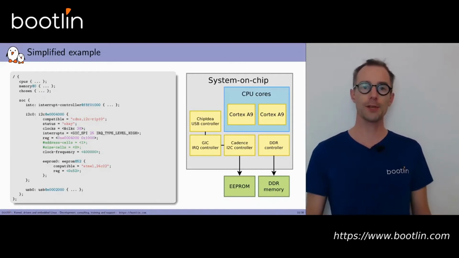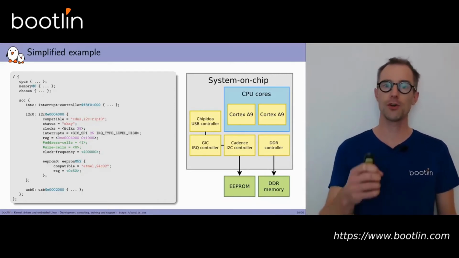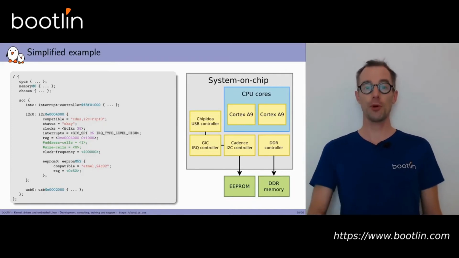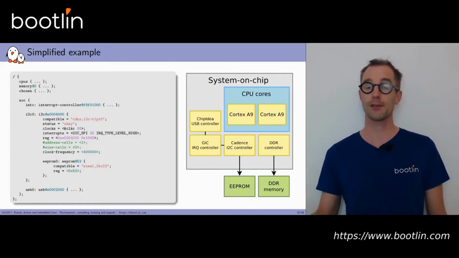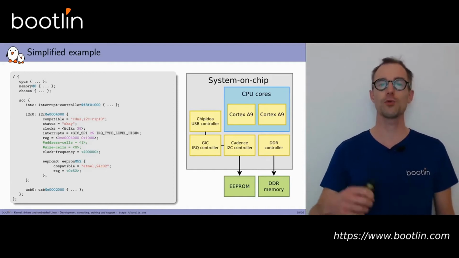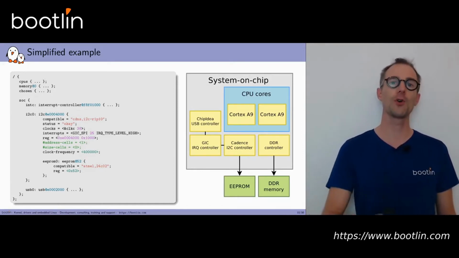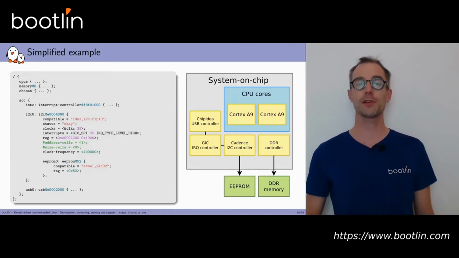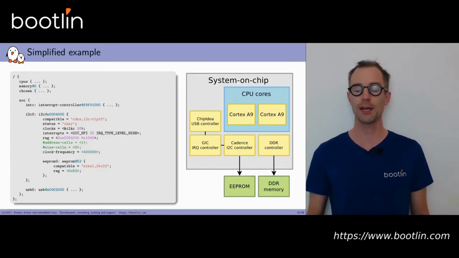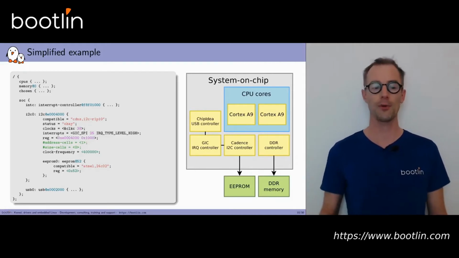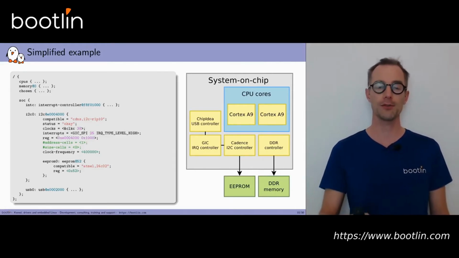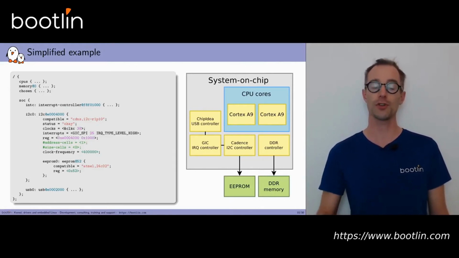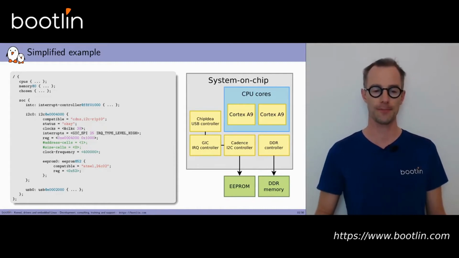So the device tree is a tree representation of the hardware that mimics the topology of the hardware. The EEPROM is connected to that I2C controller, so we represent the EEPROM as a subnode of that I2C controller. So if to this very I2C controller there was another I2C device, such as an audio codec for example, it would also be represented as a subnode of that I2C controller, just side by side with the EEPROM.